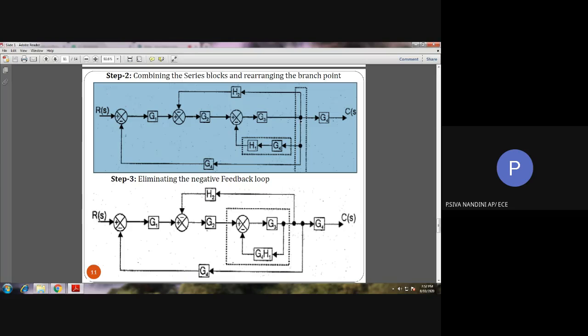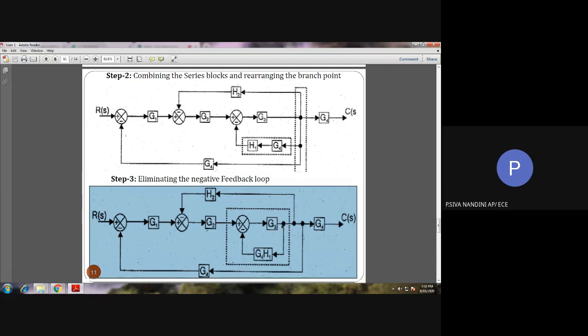So while splitting, if you see, what is the idea for moving this branch point here? For making a negative feedback loop. So, first we can keep this negative feedback loop branch point. Next we can keep the negative feedback loop of H2 feedback path. And after that we can keep G4.